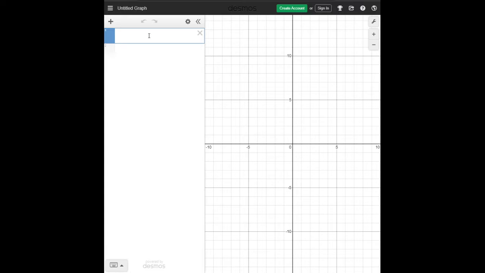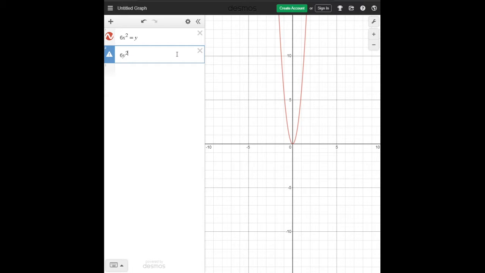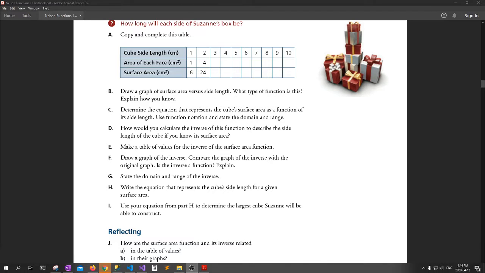Our graph is going to be 6x to the power of 2 is y, right? Our second one is going to be 6y to the power of 2 is x. And it was just rotated 90 degrees to the right, as we can see here.